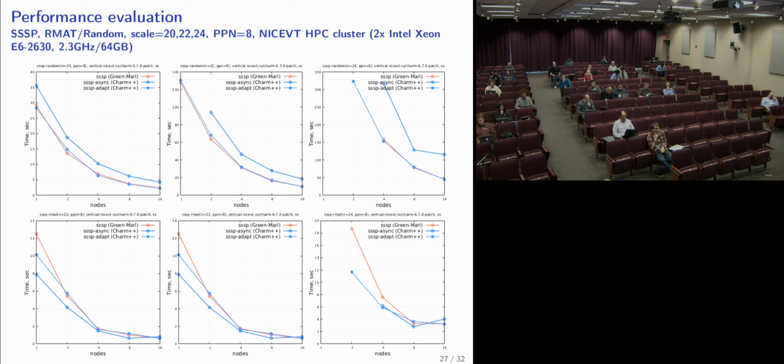So that was why I saw the difference in the performance. The red color is the performance of the generated code, and the blue color is the performance of the handwritten code. So that was for the SSSP.